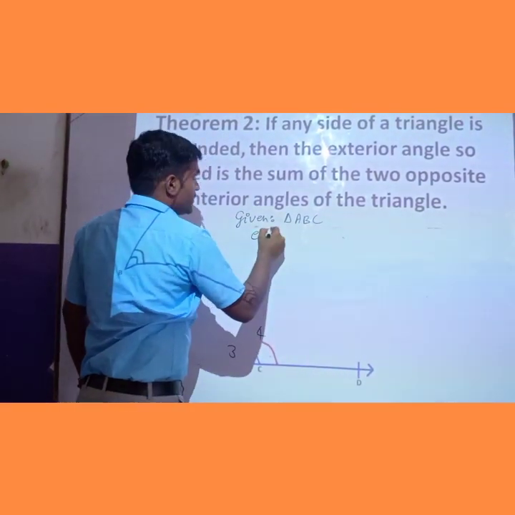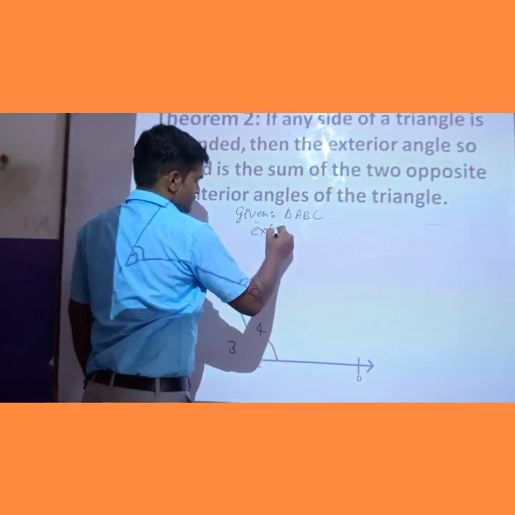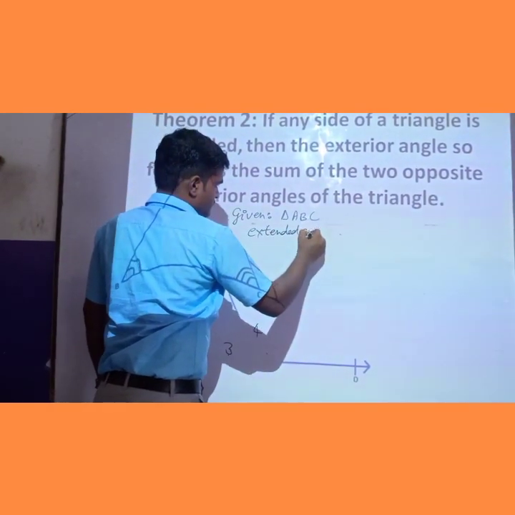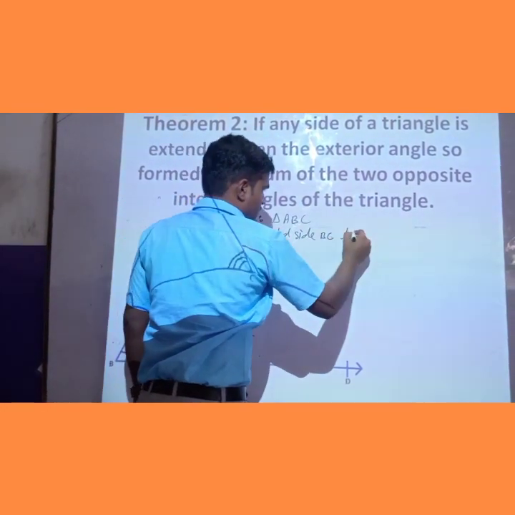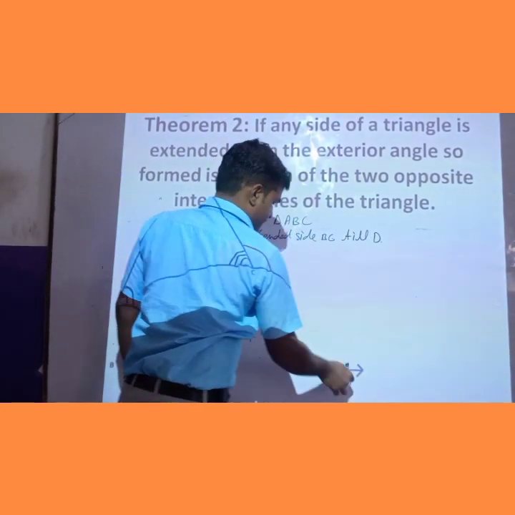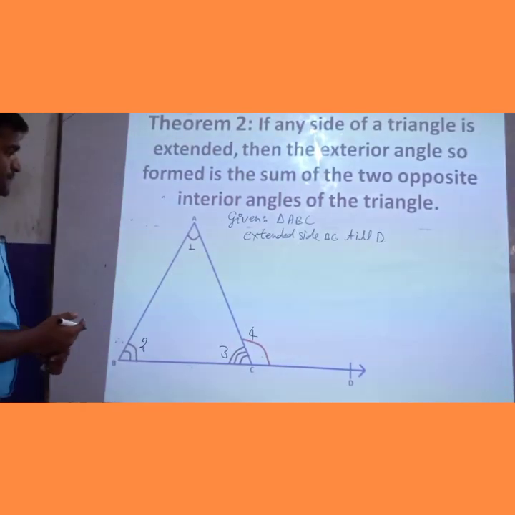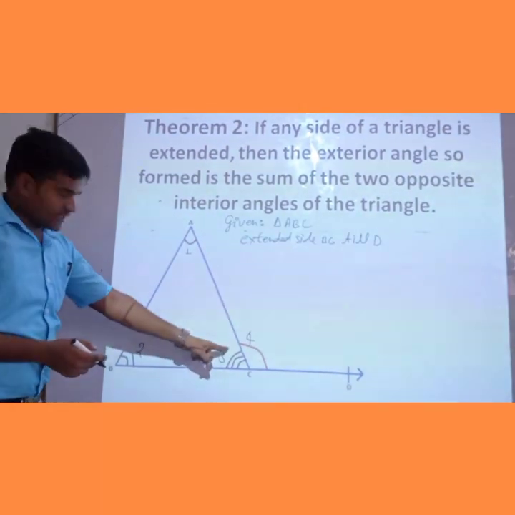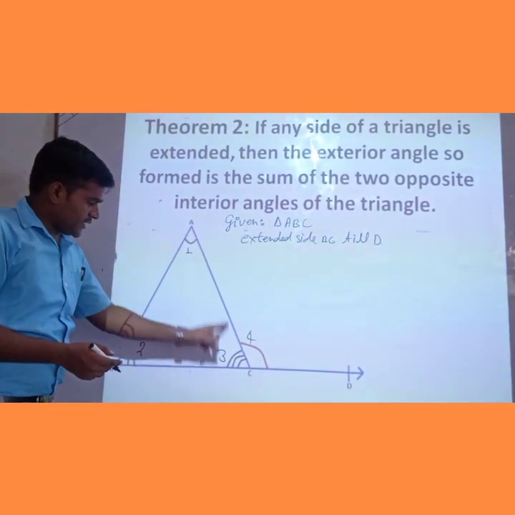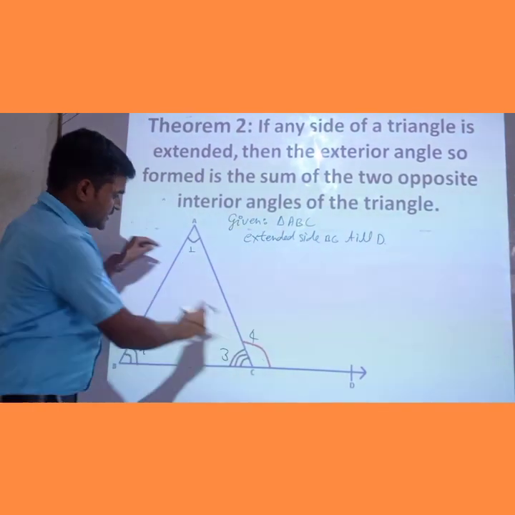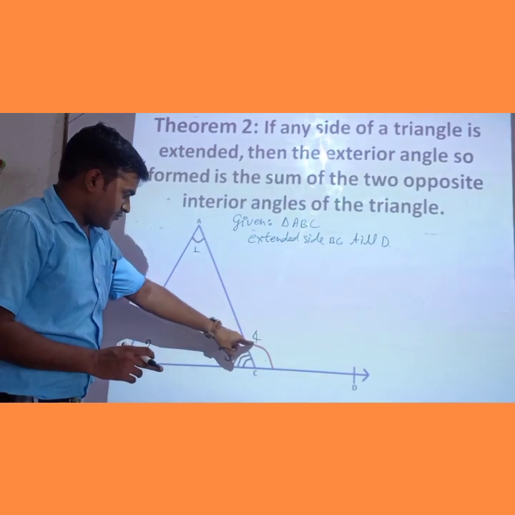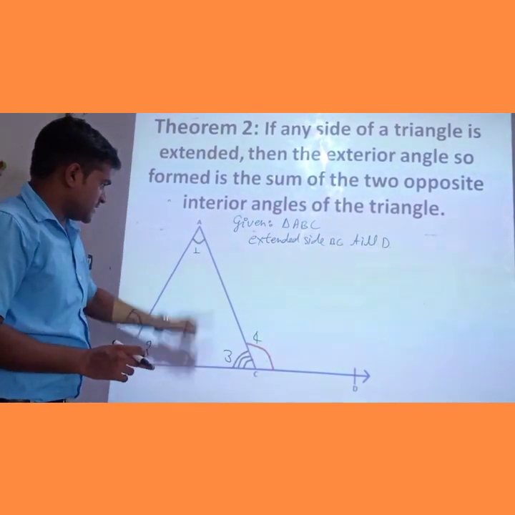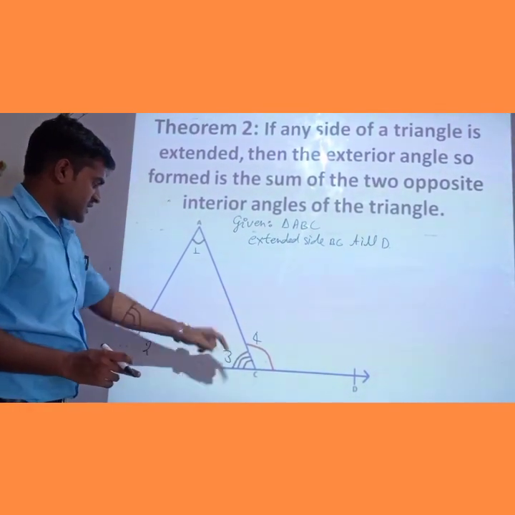So, extended side BC till D. Now we get the exterior angle, that is ACD. This angle is the exterior angle. By naming, we consider it as angle 4. This is angle 1, this is angle 2, and this is angle 3.